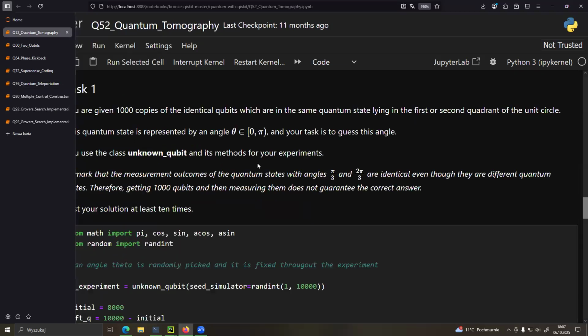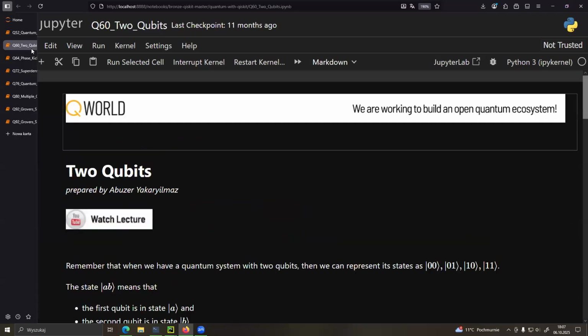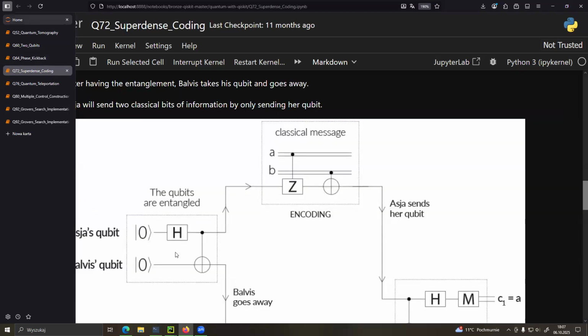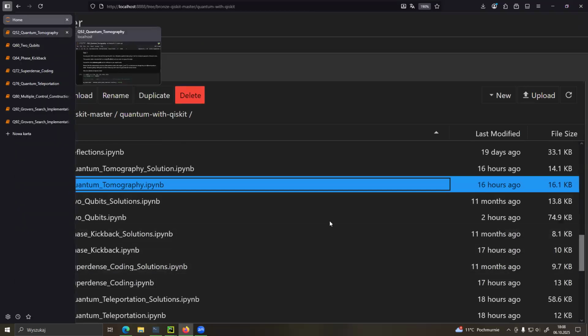But let's not get ahead of ourselves, and let's start with quantum tomography. Quantum tomography was the notebook that I did not finish at day three. This is the last notebook of day three, and then we have the Q60, Q64, Q72. Q68, I think, as well. Oh, there is no Q68. Numeration error.